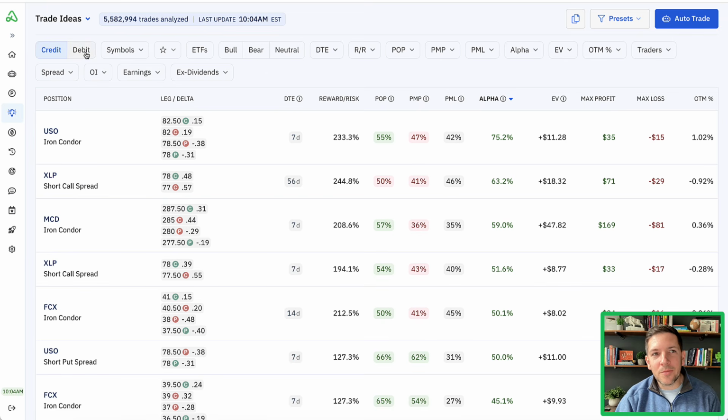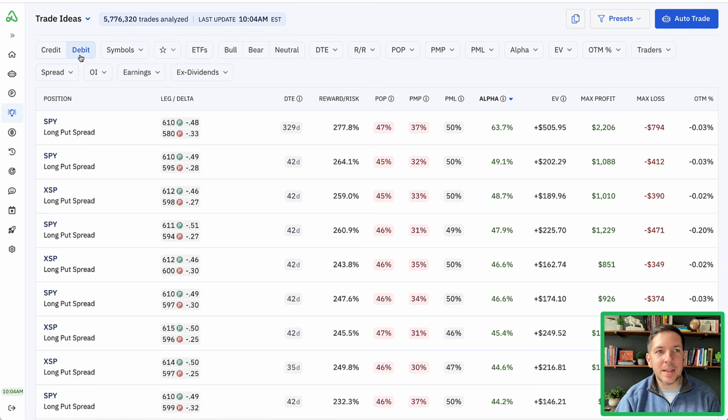So in this case, the first thing we can do inside of Trade Ideas is simply click on debit spreads. And if I click on debit spreads here, what it does is it filters the list I see of all potential trade ideas to only analyzing lots and lots of combinations of debit spreads. And from here, rather than randomly picking and choosing strikes, I can set my criteria that I want for a particular type of trade and then allow Trade Ideas to kind of surface those available trades, and I can pick from those.